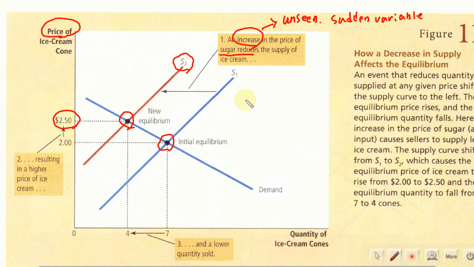So my question is: explain the movement of demand and supply.